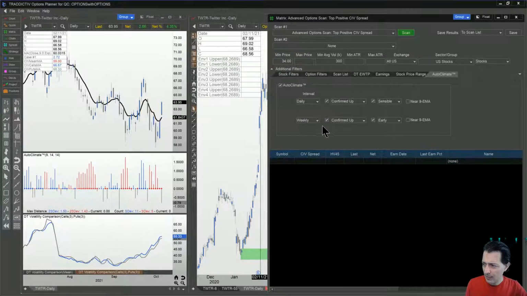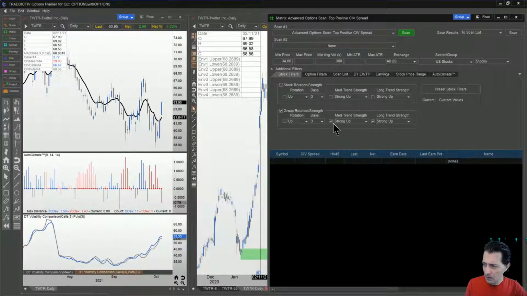So with the weekly and the daily confirmed, it seems that we don't have any. The weekly is not giving us the chance. What if I uncheck the intermediate term strength? It's not helping either.